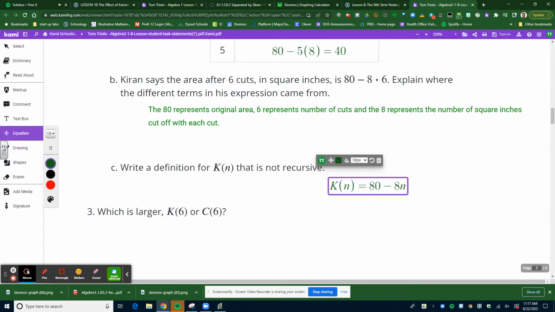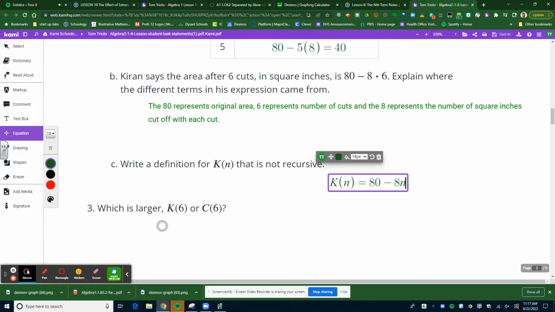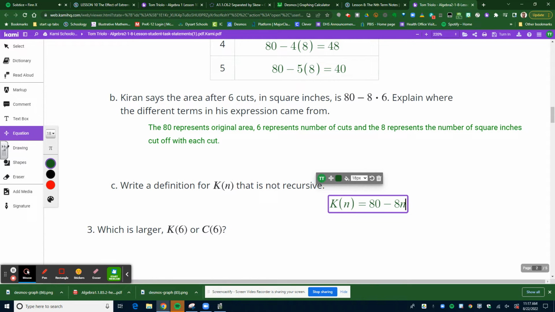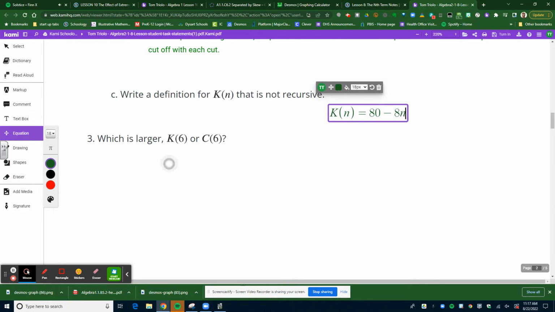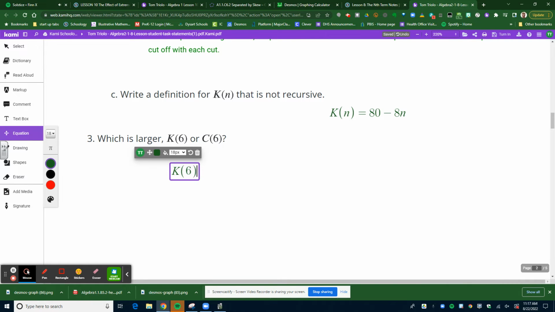What's bigger, K of 6, or C of 6? So we already got C of 6. We're real close. We have C of 5 is 40. Take off another 6 inches. So K of 6 is equal to 80 minus 8 times 6, which is 32.